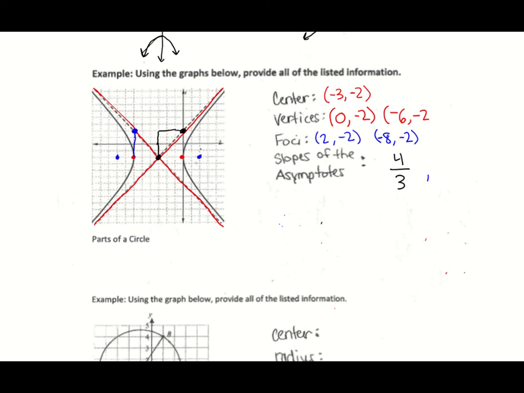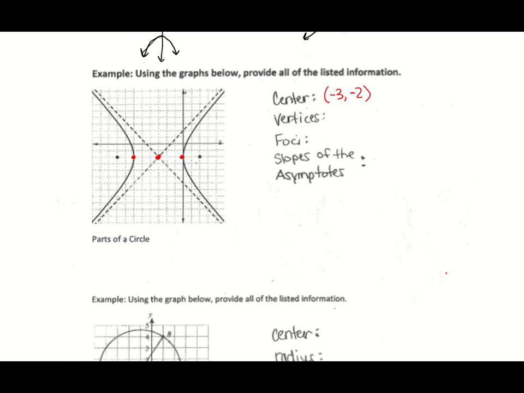So this time I have a -4 and 1, 2, 3. Rise over run, -4 over 3. And you should always get opposite slopes for your asymptotes. So if you have 4/3 for the first slope, your other slope should be the negative.